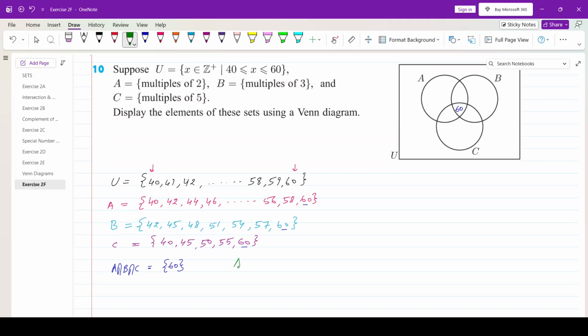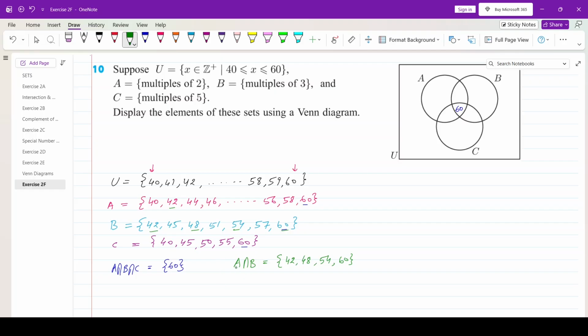Now we need to calculate A intersection B. So it will be 42 is present here, 45 is not, 48 is going to be present here, 54 is going to be present here, and 60. So A intersection B is going to be 42, 48, 54, and 60.